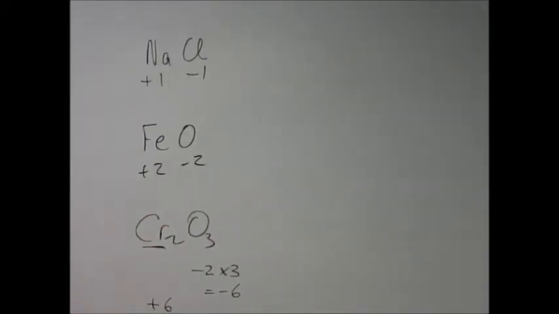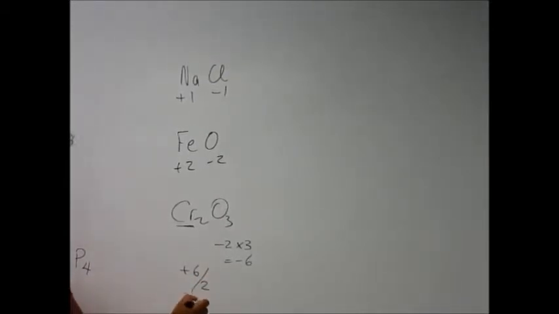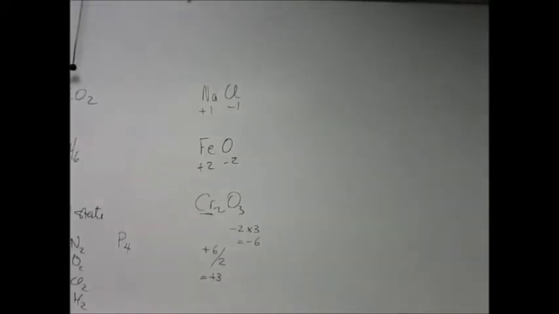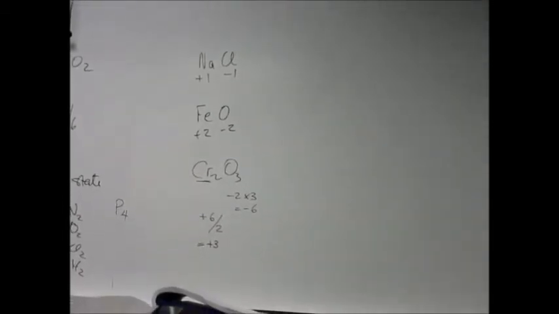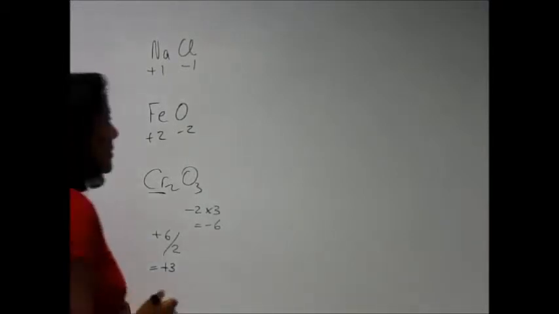And how many chromiums do we have? 2. So we divide this by 2, and then each chromium is +3. You would do the same thing if you had to name it also, because then this is chromium(III) oxide. So that 3 was actually the oxidation number. So now we know how to calculate oxidation number for this. Not bad at all.